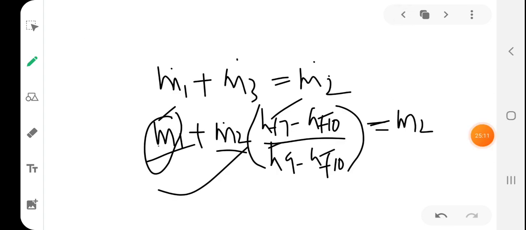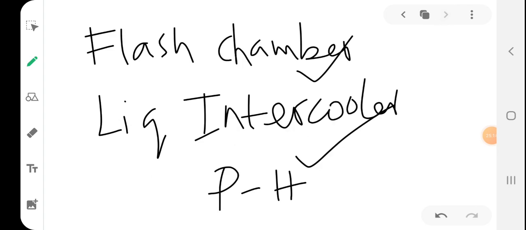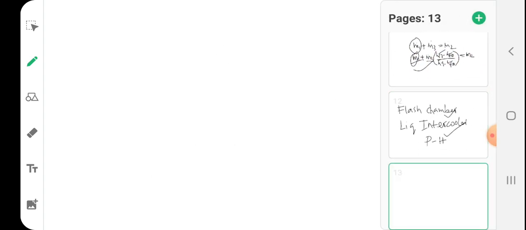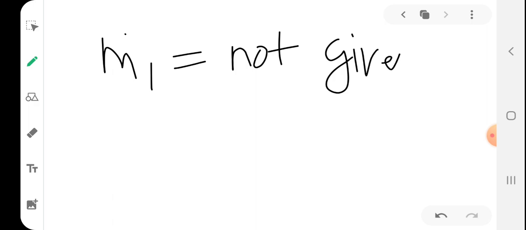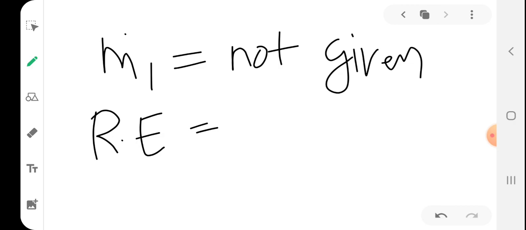Another possibility is that you may not be given m1 dot directly. Okay, students, suppose m1 dot is not given in the question, but the total refrigeration effect is given in tons, some Q tons.